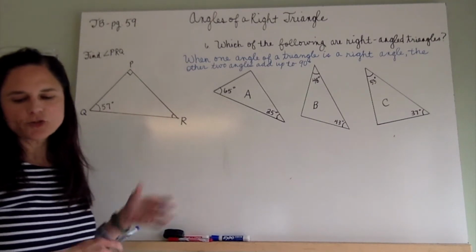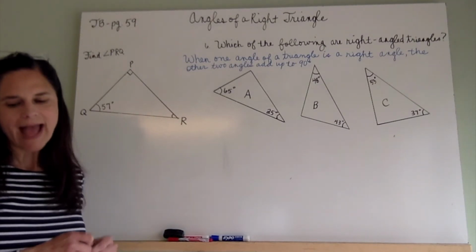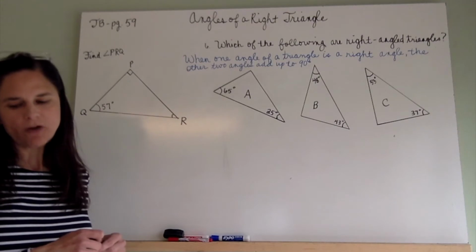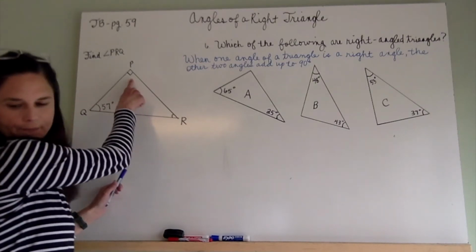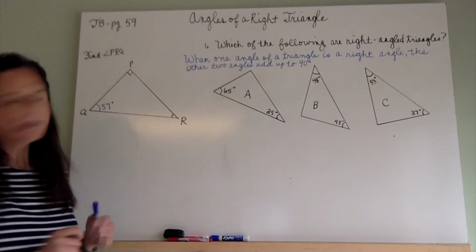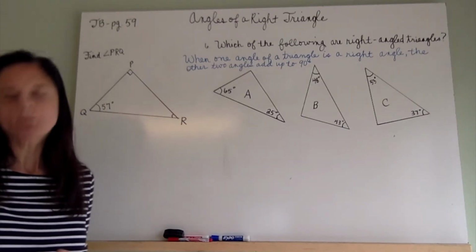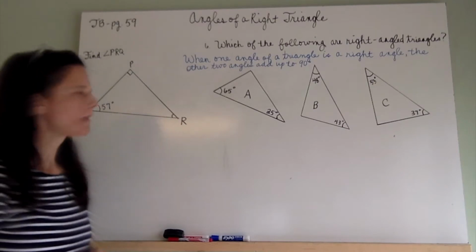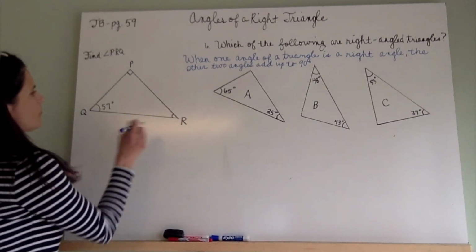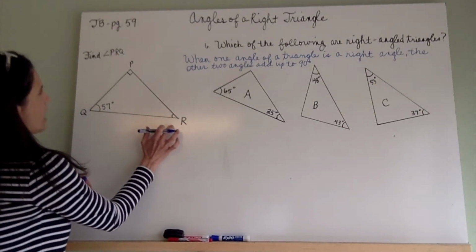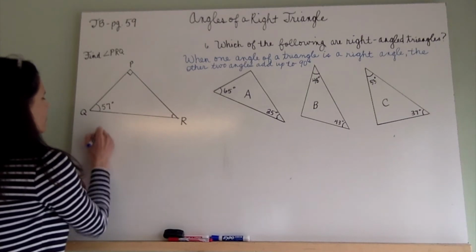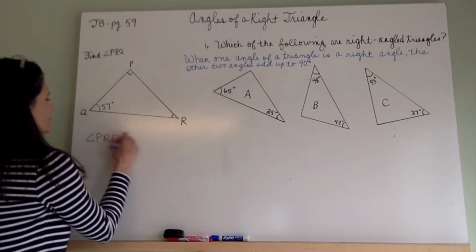It says in triangle PQR, angle QPR is a right angle, and angle PQR is 57 degrees. Find angle PRQ. Okay, so we are looking for this angle right here, which is named angle PRQ.